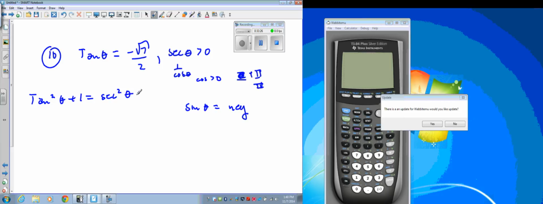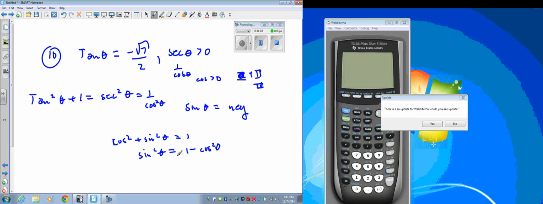And this is going to give me 1 over cosine squared, right? Then I'm going to have to take the result of cosine squared and put it in cosine squared plus sine squared equals 1, and then get sine squared equals 1 minus cosine squared, square root both sides, to get sine, because they're asking me for what? Sine.